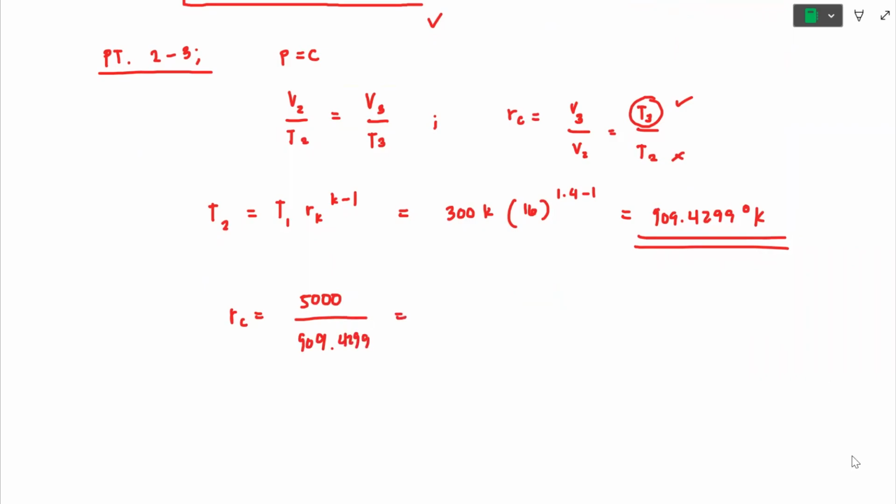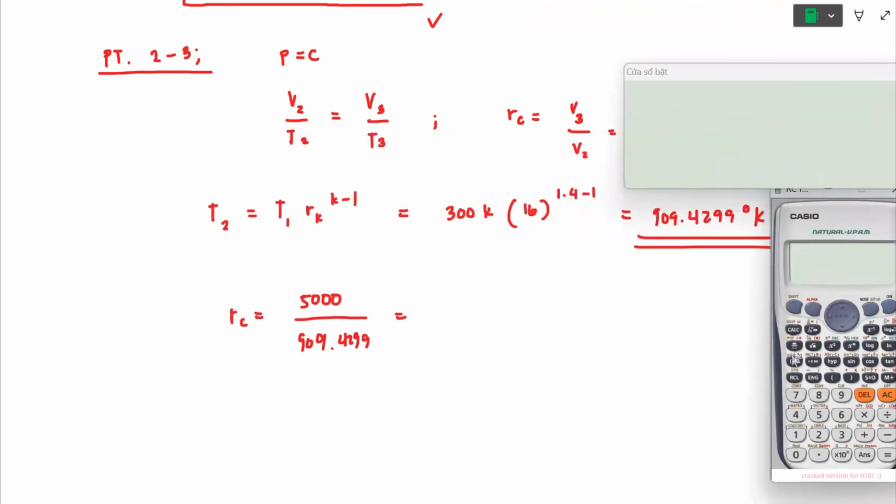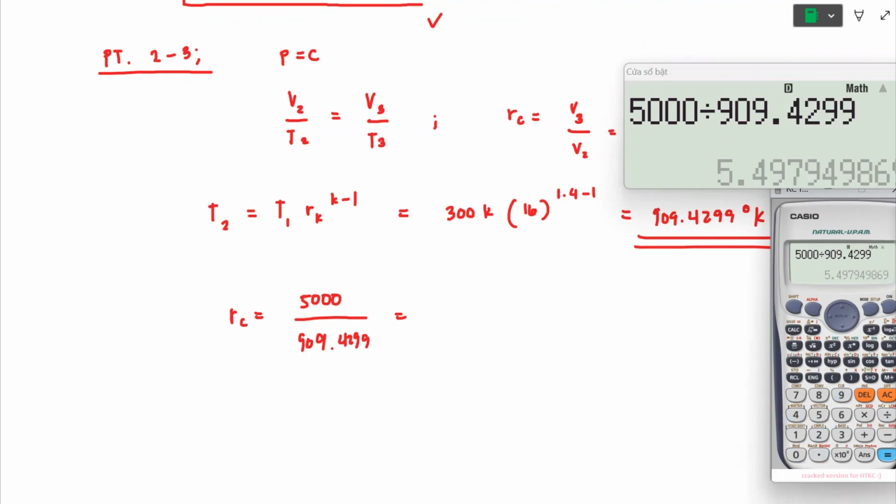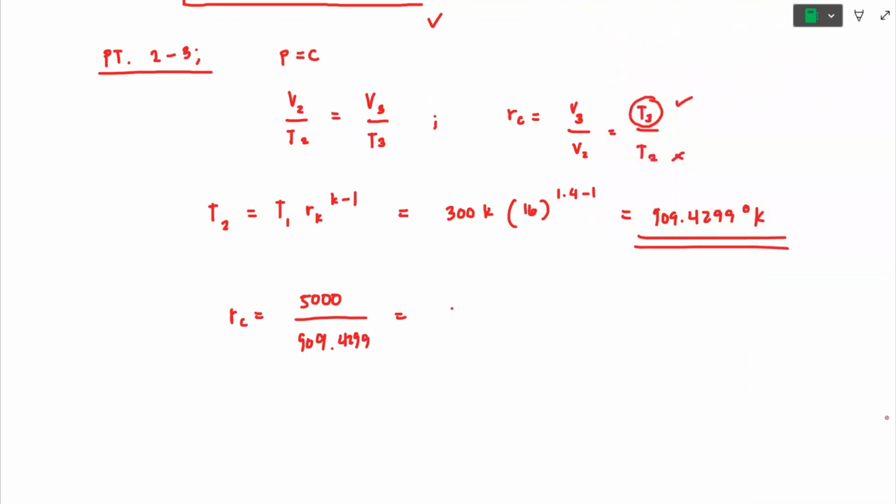Okay? So, solve natin. 5,000 divided by 909.4299 is 5.4979. Yan yung ating RC. Okay?